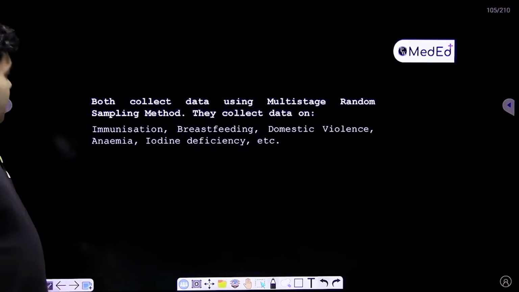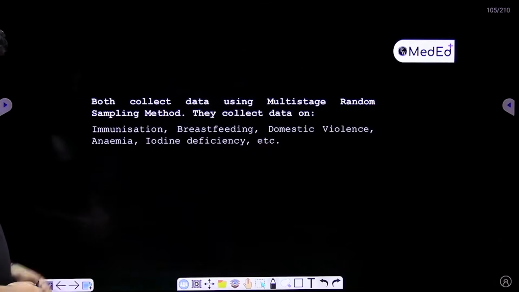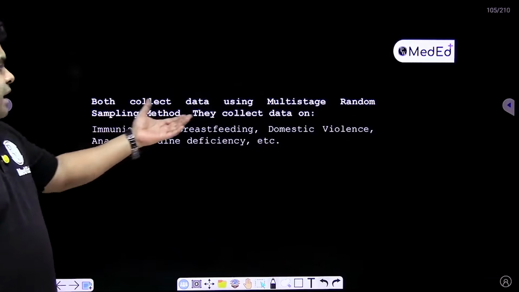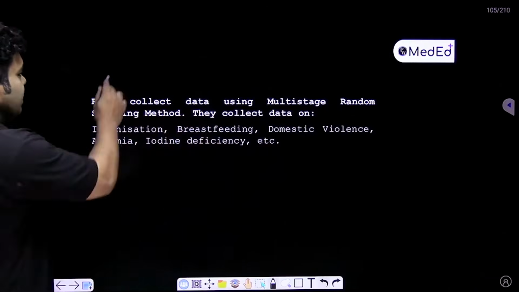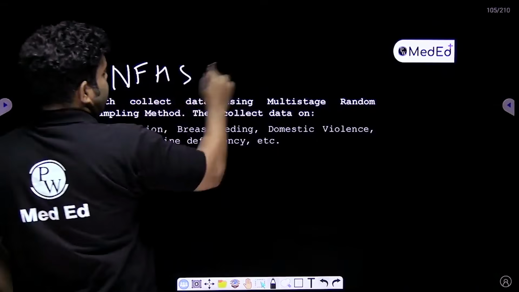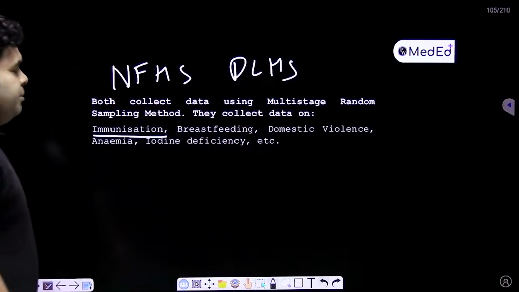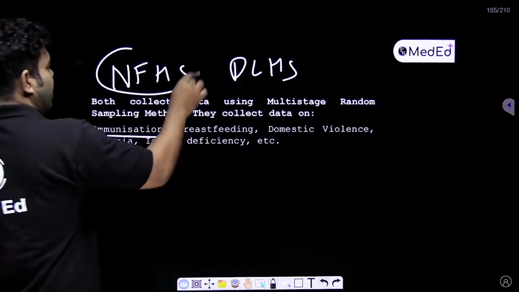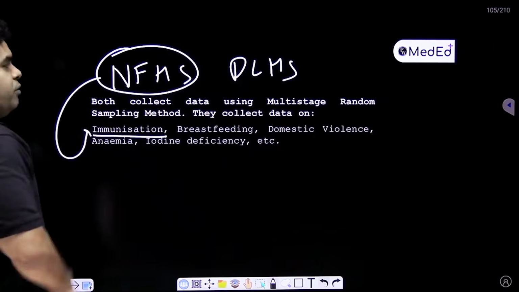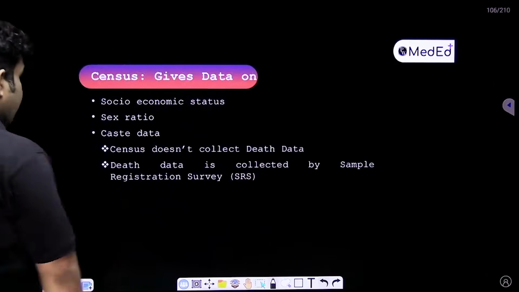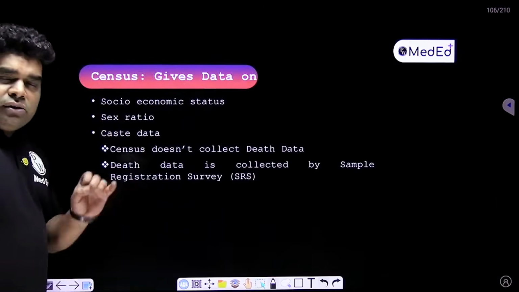Both collect data by multi-stage sampling.